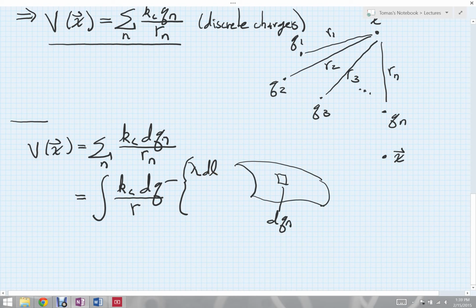Or dq might be some charge per unit area, as in the example I'm giving you here, times the area element dA. Or it might be some solid chunk of charge in some volume, which would have a charge density rho coulombs per cubic meter. That would then have to be multiplied by dV. So we have this general result here for the continuous case as well.